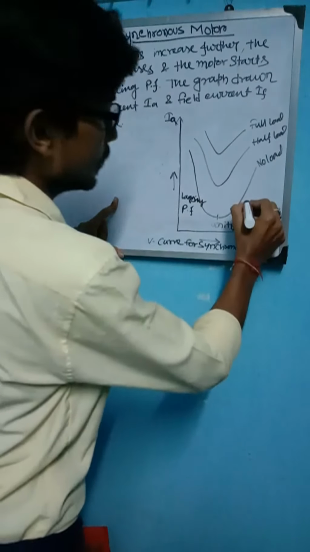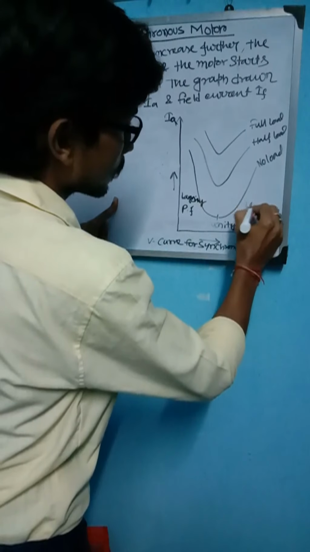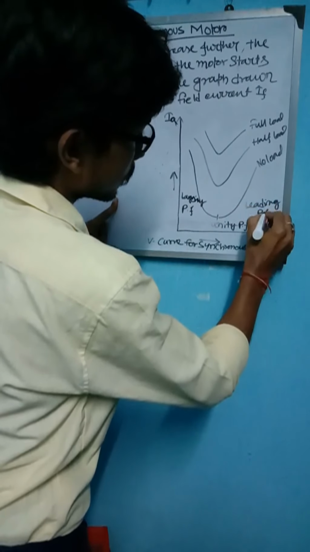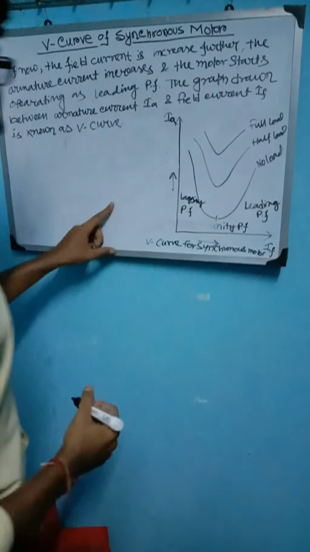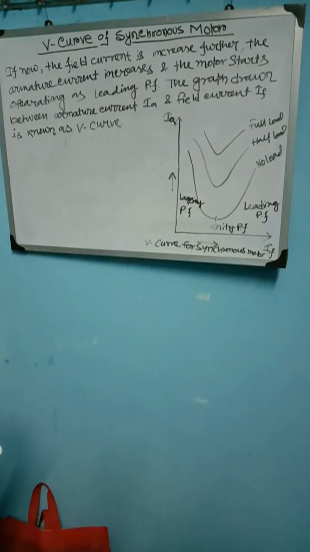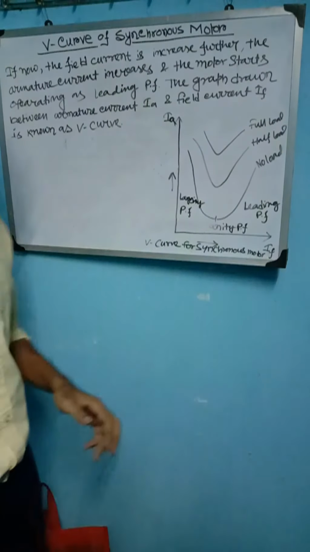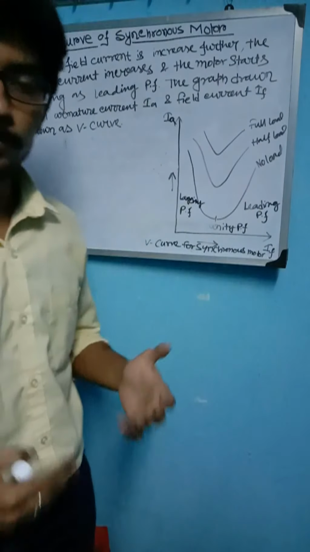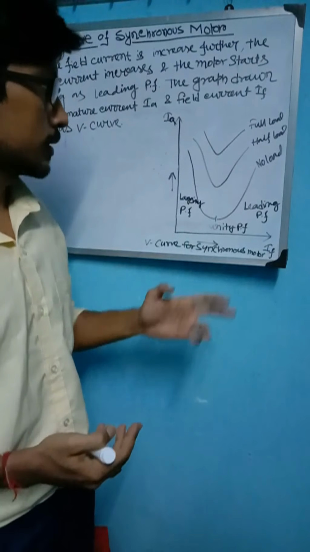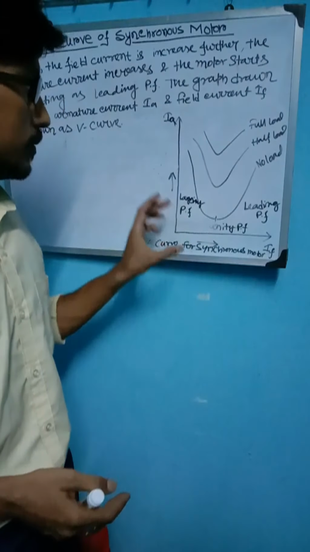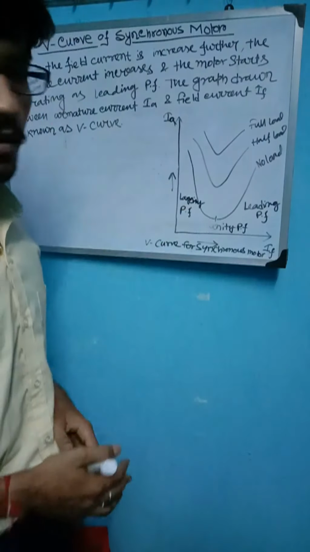So these are the leading power factor. The graph drawn between the armature current IA and the field current IF is known as the V curve. Similarly, if we increase the load, that is the half load, then the full load, we can achieve the same pattern here.